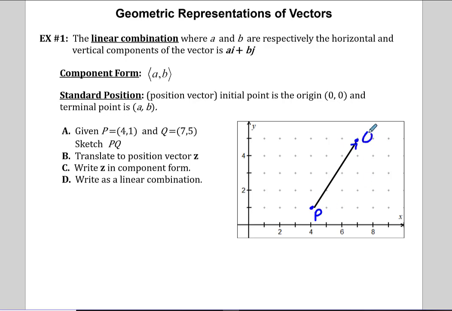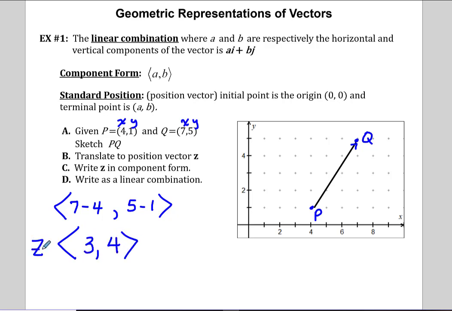We want to move that vector back to the origin. So the easiest way to do that is to take the displacement, or the difference, between the x coordinates, the x's, 7 minus 4, and then the difference between the y's, 5 minus 1, and we can translate or move that vector back to the origin.